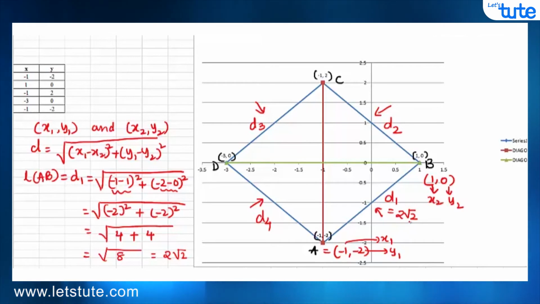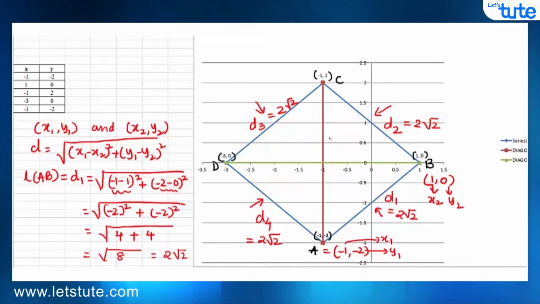So similarly, I can solve for BC, CD and AD, which you can solve on your own. When I solved, I got the same lengths, 2 root 2, for D3 as well as 2 root 2 for D4. Now we also have to find the lengths of the diagonals.